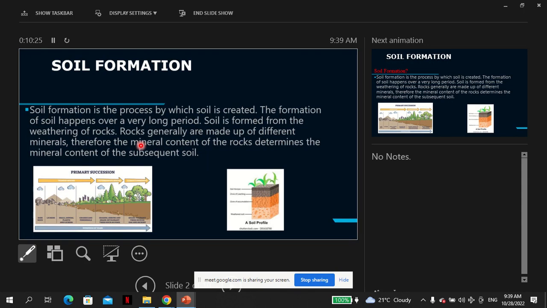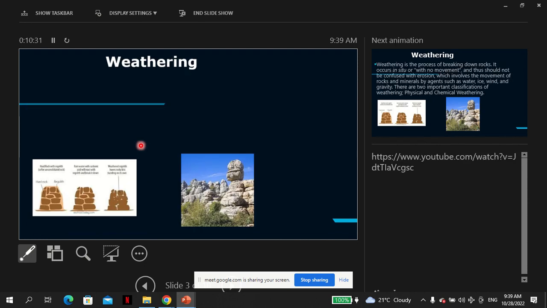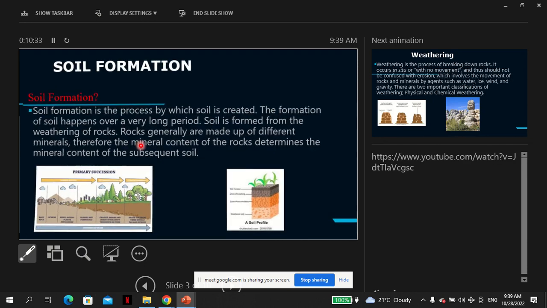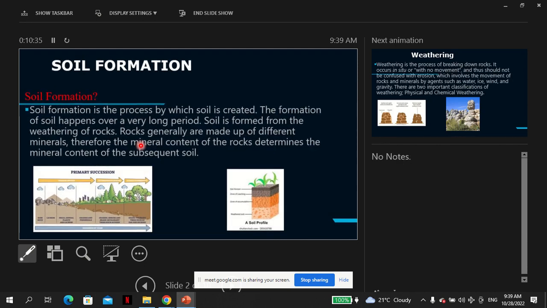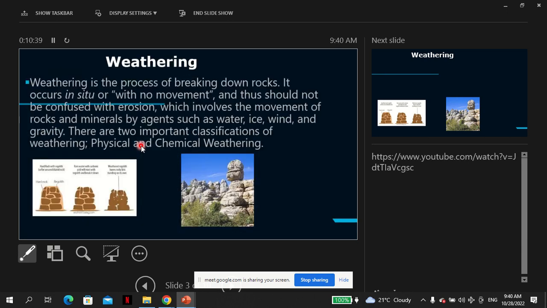This is the idea. So soil is formed as a result of weathering.